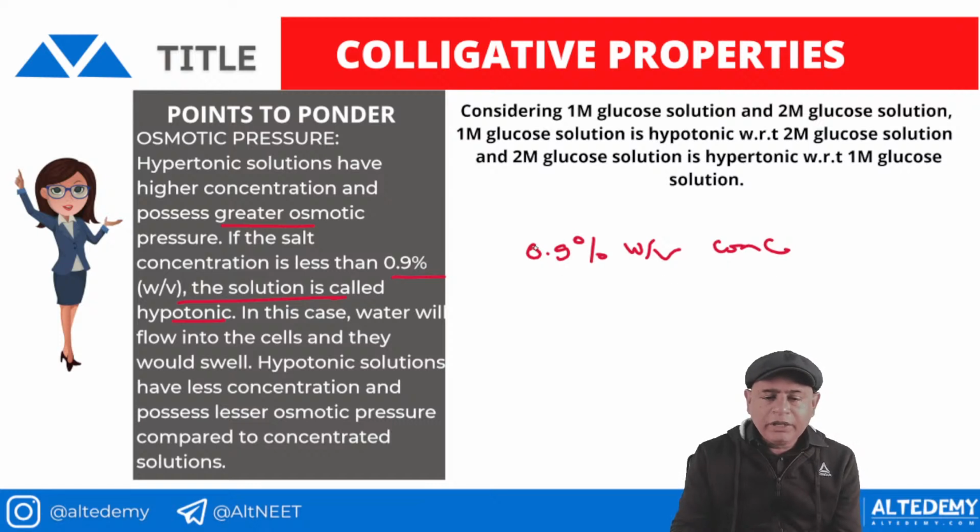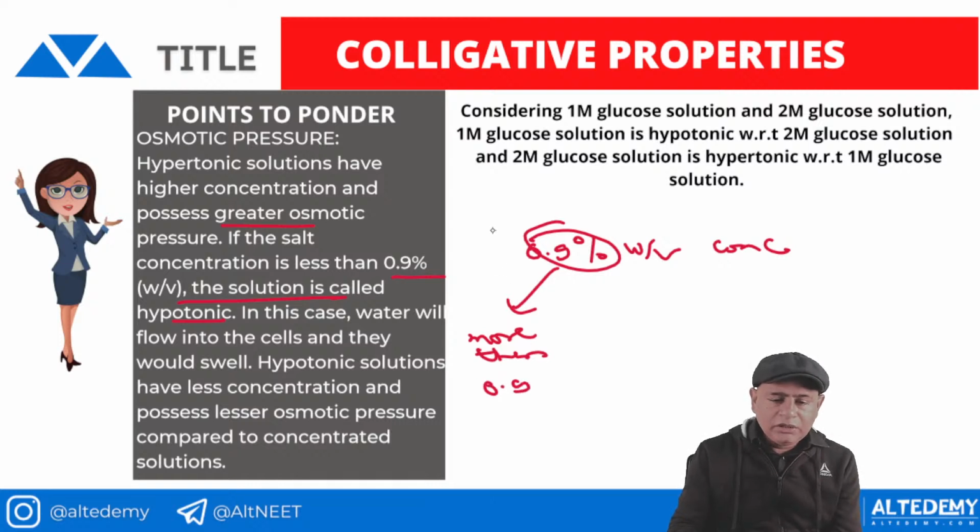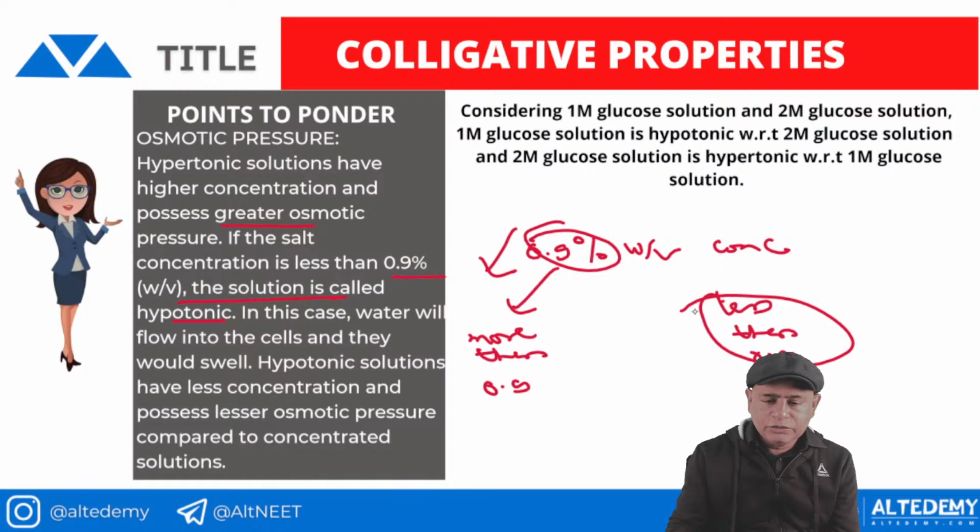If we put this cell in more than 0.9%, the flow will be in this direction. If the solution is less than 0.9%, then the flow will be from this side to this side.